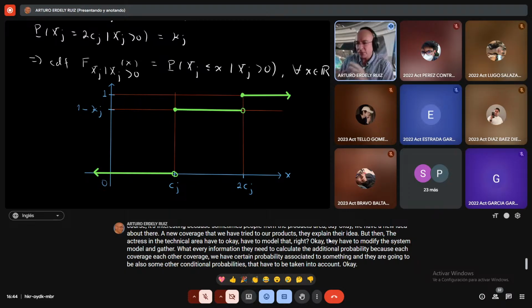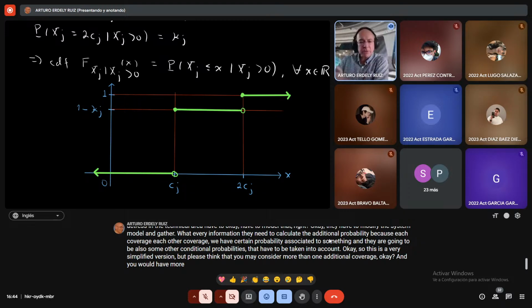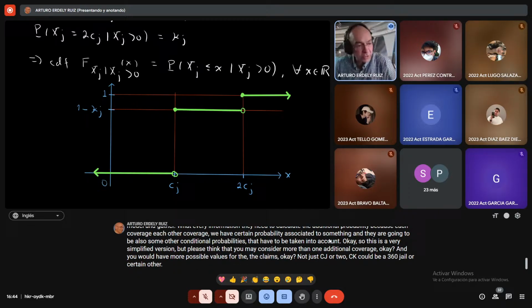This is a very simplified version, but you may consider more than one additional coverage, and you will have more possible values for the claims, not just CJ or 2CJ, it could be 3CJ or certain other rule that you may come up with, okay?